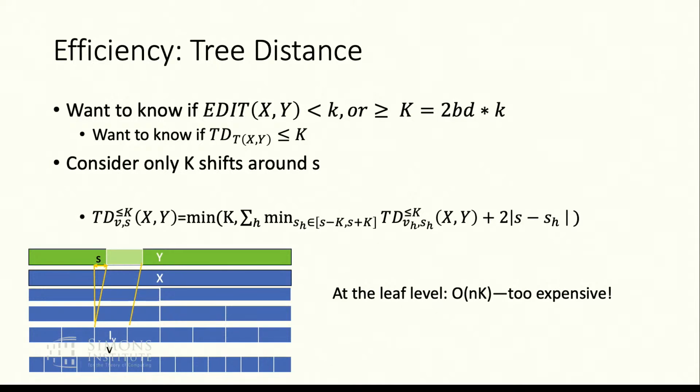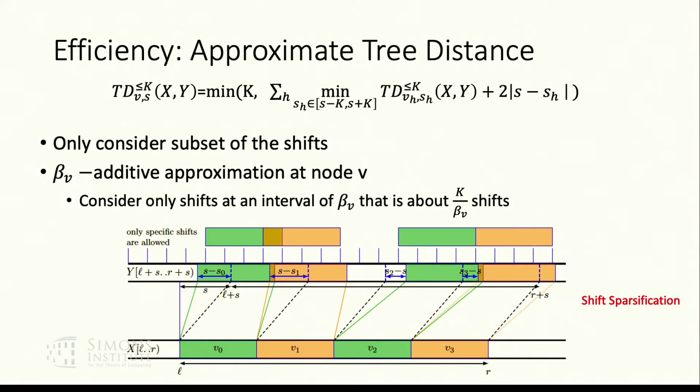So then what do you have to do? Well, now you have to approximate tree distance as well. Tree distance is already giving you an approximation of edit distance, but just computing tree distance exactly is not too helpful. So maybe a 2 approximation or any constant factor approximation for tree distance is fine. So let's just do that.